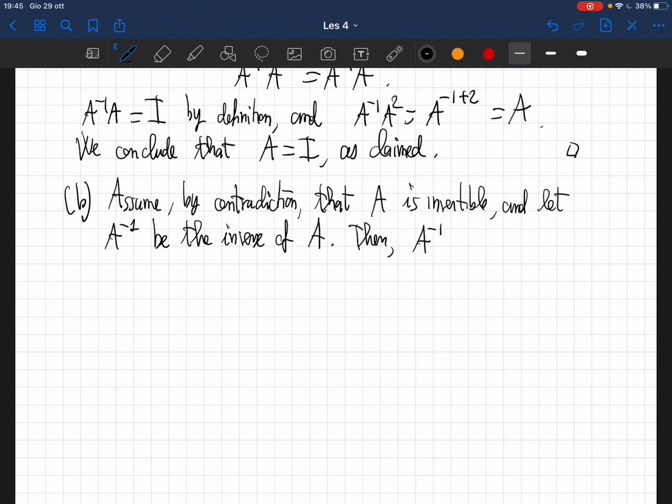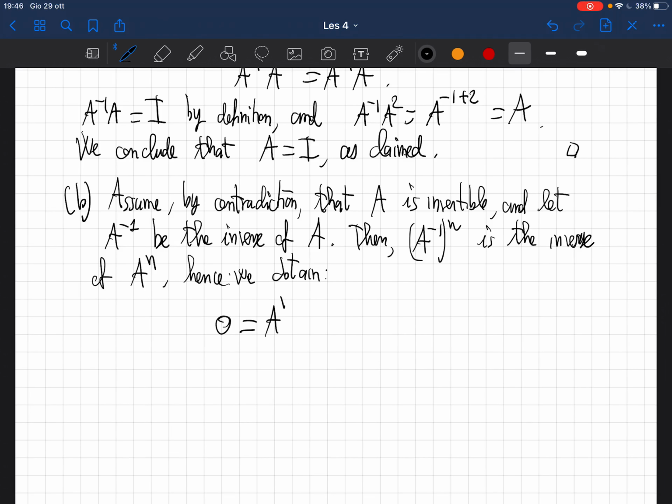Then A minus 1 to the n is the inverse of A to the n. Hence, we obtain, you can write this, 0 is equal to A to the n. This you know.